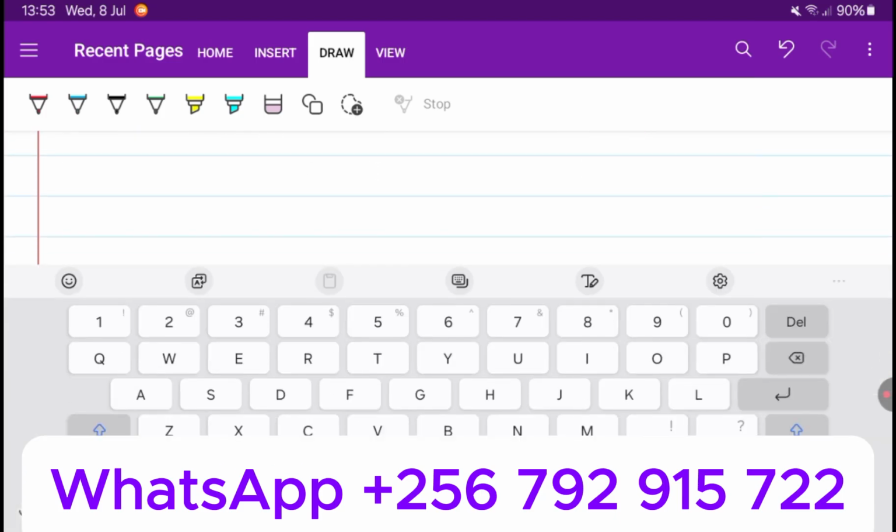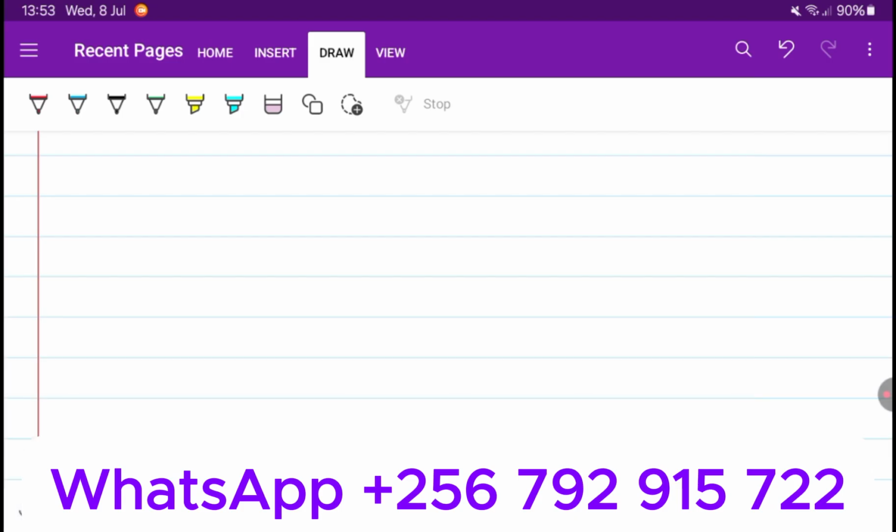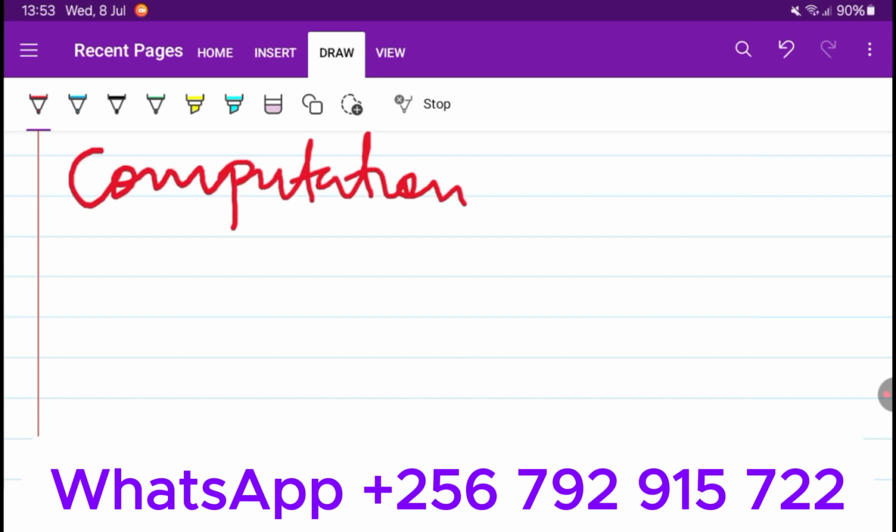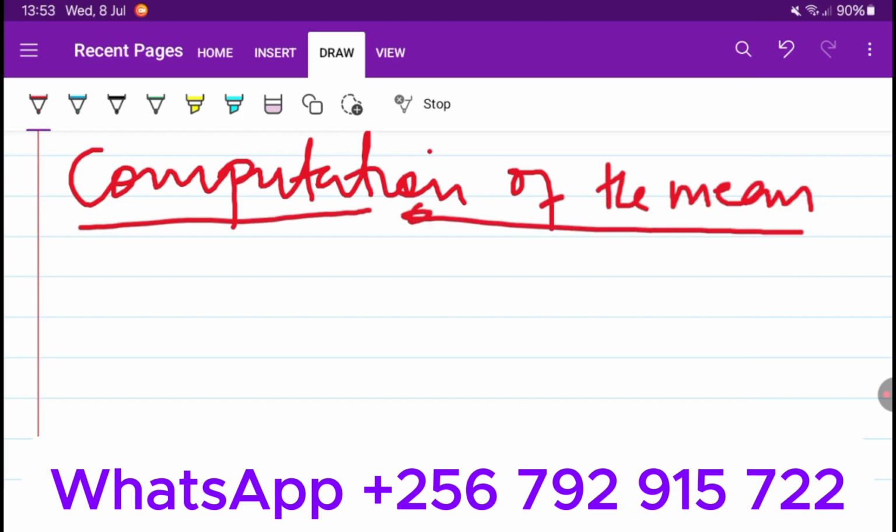So those are part of the properties. But I want us to put our emphasis on the computation of the mean. Of course, we are going to look at the different methods that we can use to compute the mean.